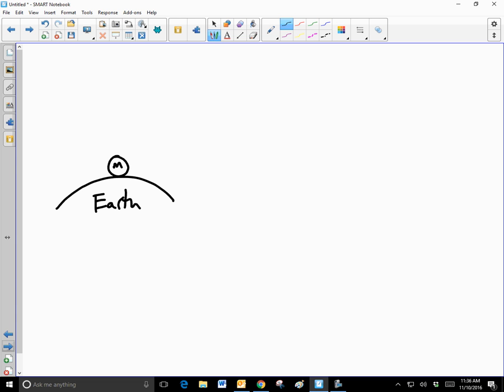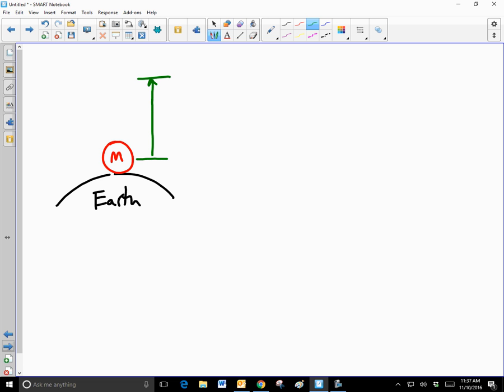So if I have a mass that rests on the surface of the Earth, and I take that mass and raise it up off of the surface of the Earth, I'm going to move this thing from this position up to this position. And we'll call that the distance h.